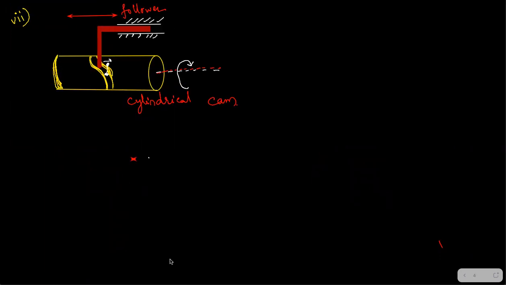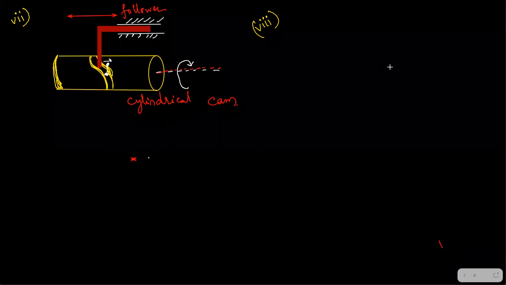Now we'll come to the final part, the eighth variety, which you can see over here. And that is, you have the cylindrical cam. Fine. So this is your cylindrical cam.